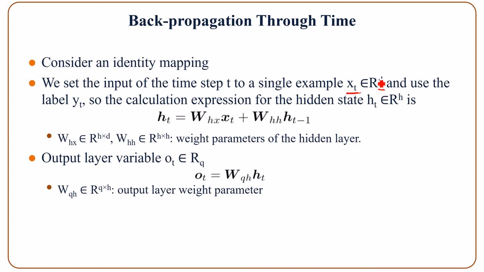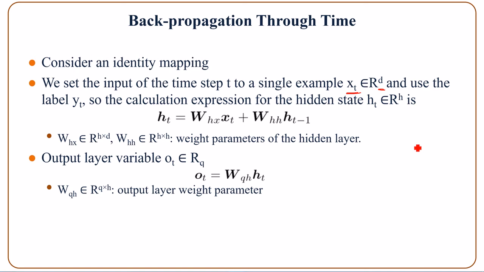So, following the formula in the previous slide for the hidden state h_t at time t, and here we use the lowercase h at time t to indicate the case of a single example.